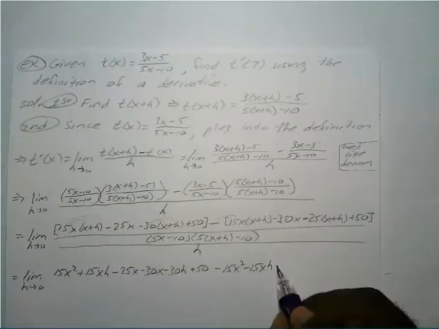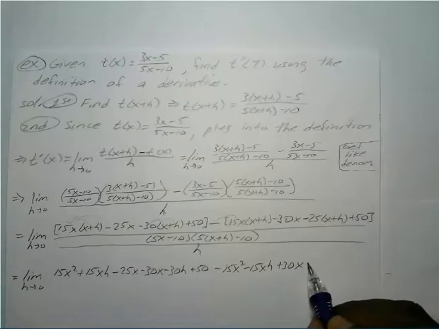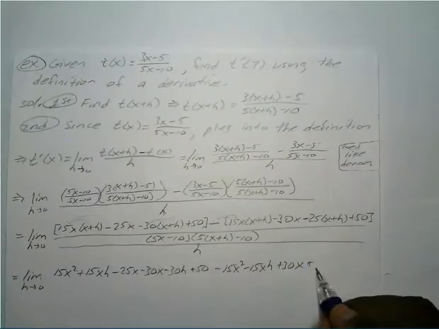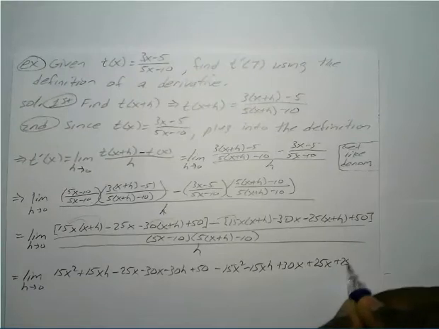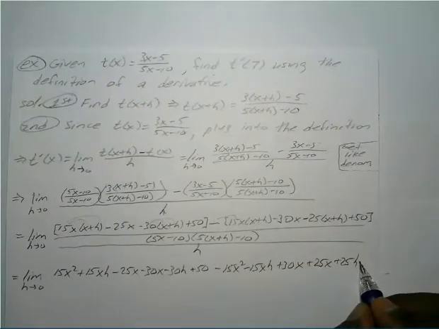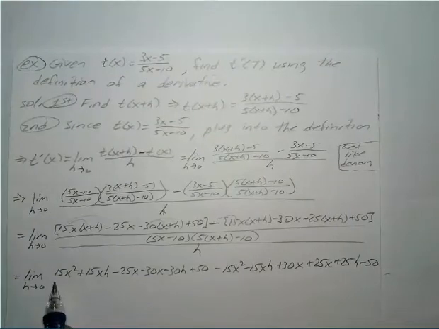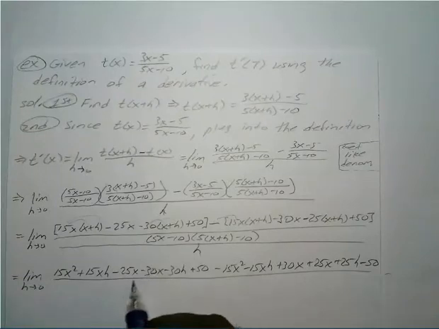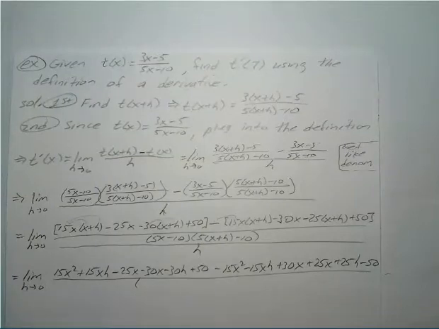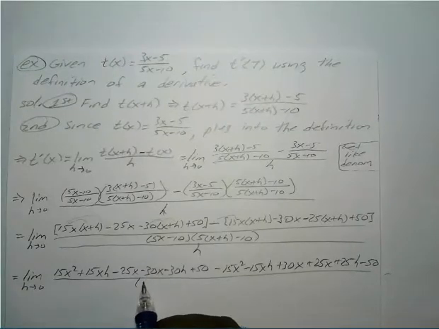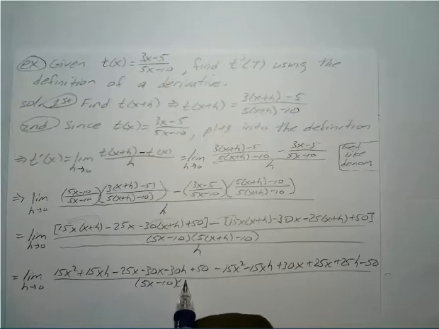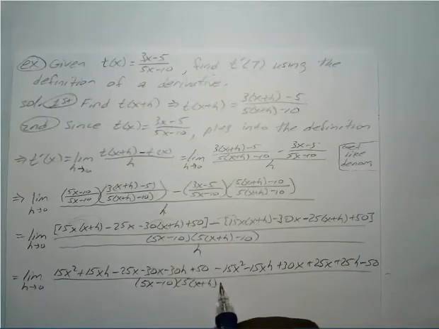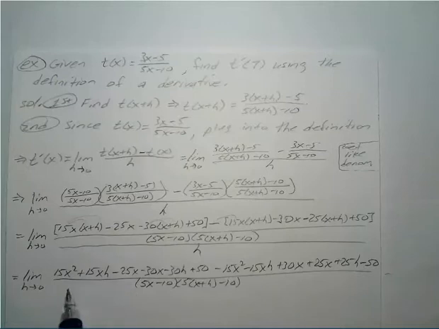Distributing that one gives us plus 30x plus 25x plus 25h minus 50, all over 5x minus 10 times 5x plus h minus 10, all over h.